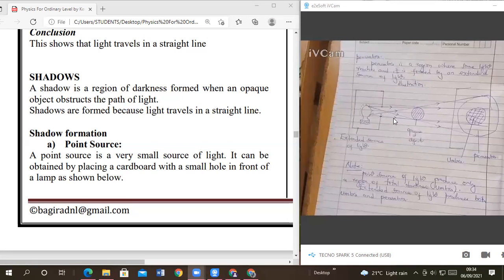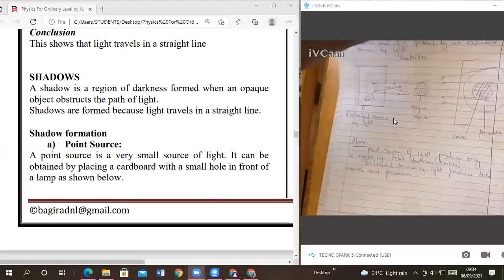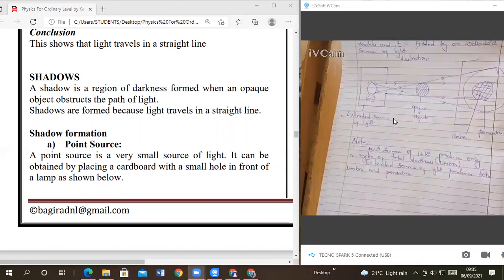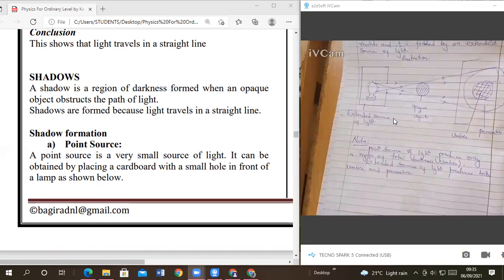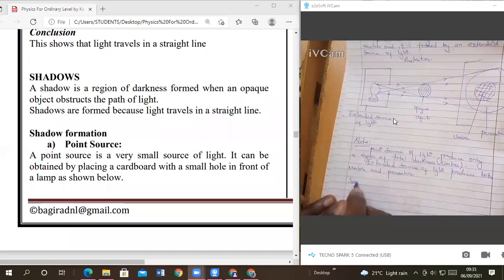So when a question comes and they ask you, let's put a sample question there.